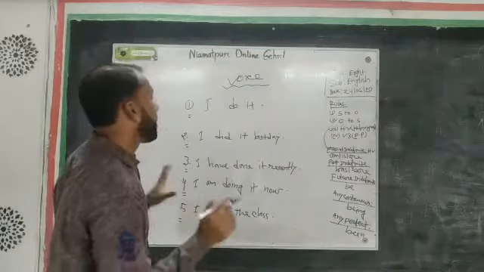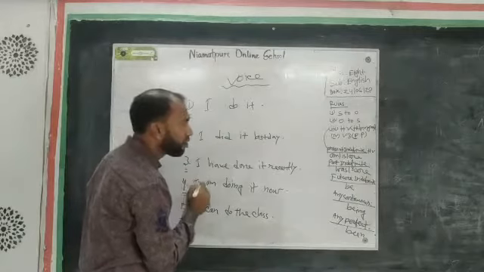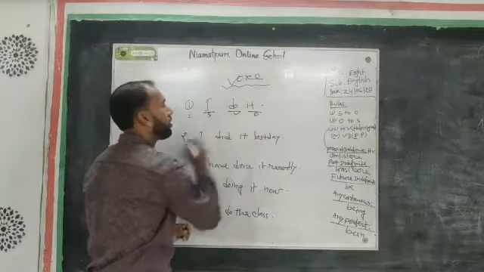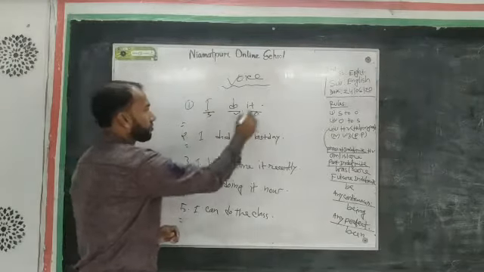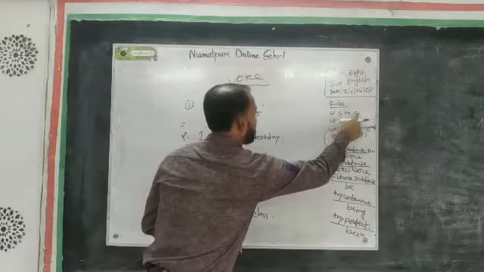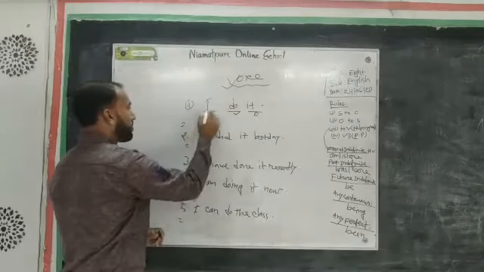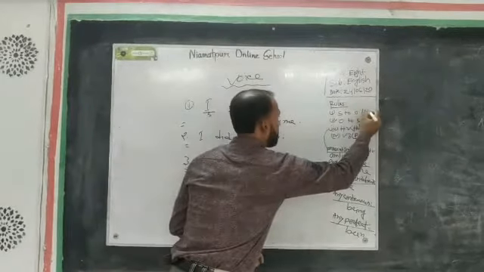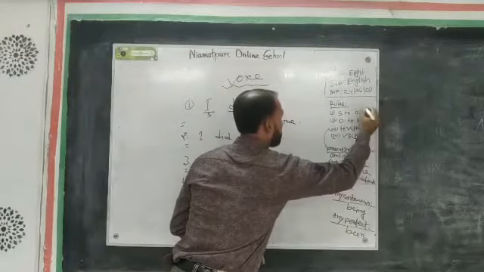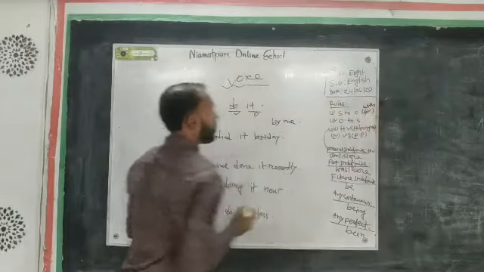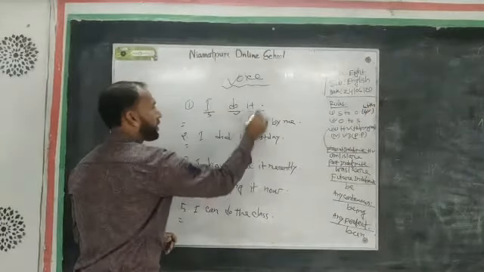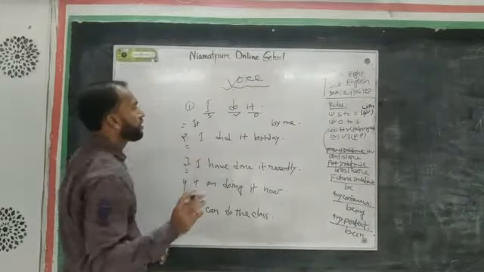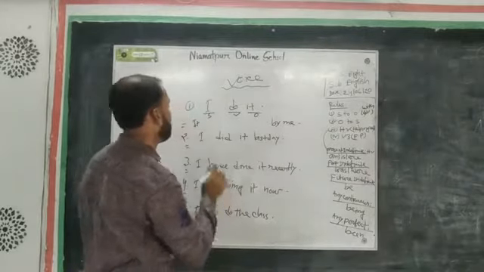Now I am going to start from active to passive. This is subject, verb and object. Number 1, subject to object. Subject I, object by me. Subject to object with by: by me, and object to subject, that means it will be the subject of passive voice.